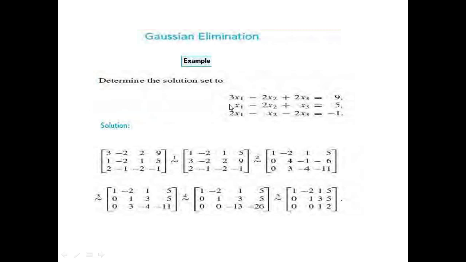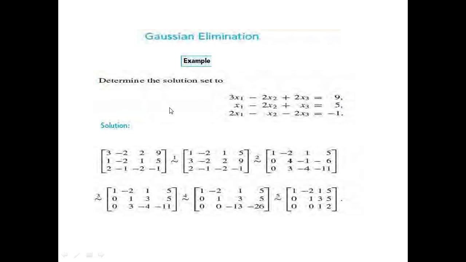The first equation is 3x1 minus 2x2 plus 2x3 equals 9, x1 minus 2x2 plus x3 equals 5, 2x1 minus x2 minus 2x3 equals minus 1. So here we have a system of three equations and three variables.